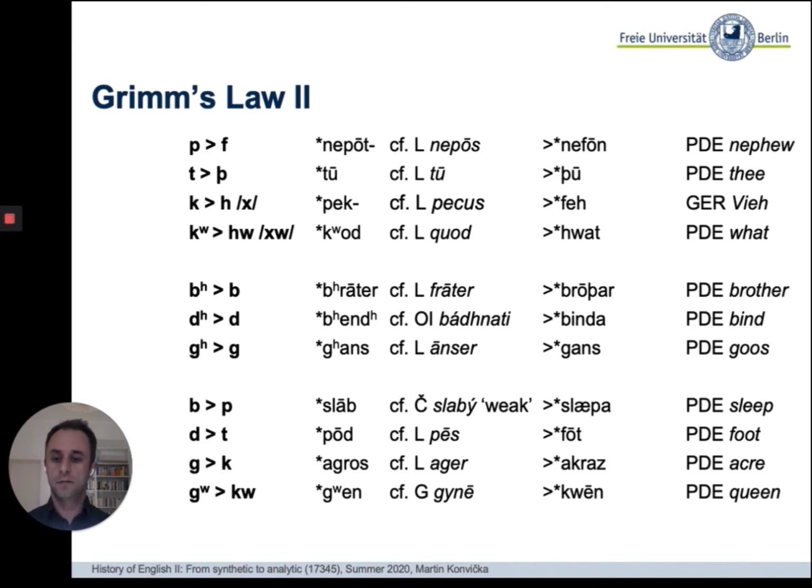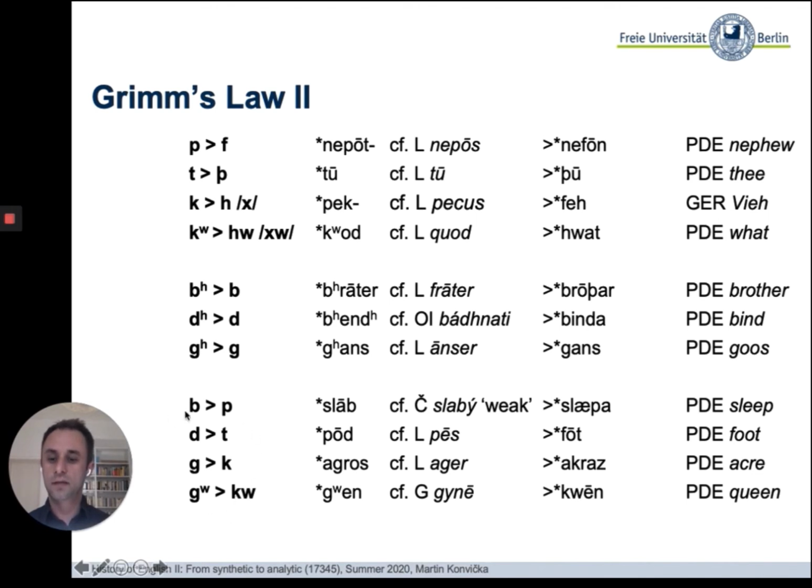For example, if you take a look at the second group of sounds that changed, the aspirated bh, dh, gh to non-aspirated b, d, g, they actually push the originally non-aspirated b, d, g to change to something different. So if this group changes, then this forces this group to change as well.